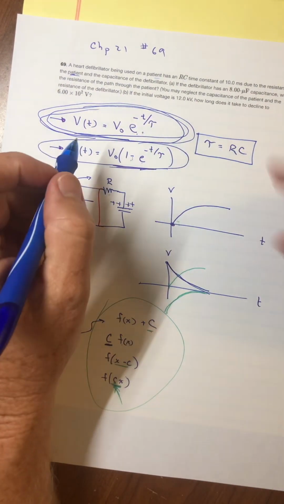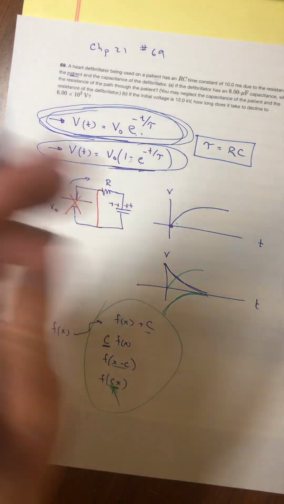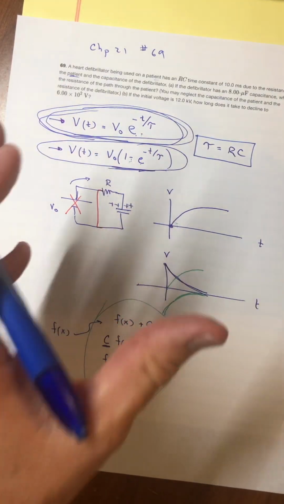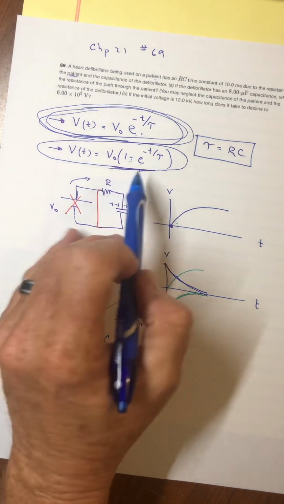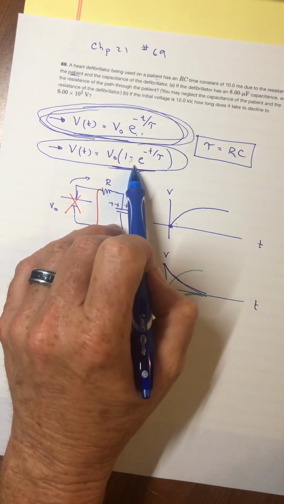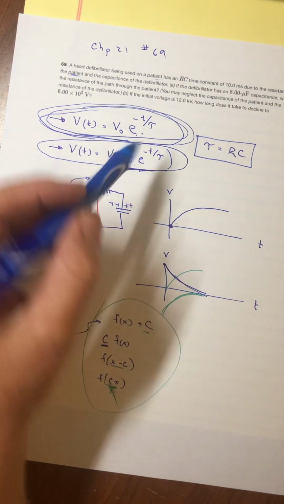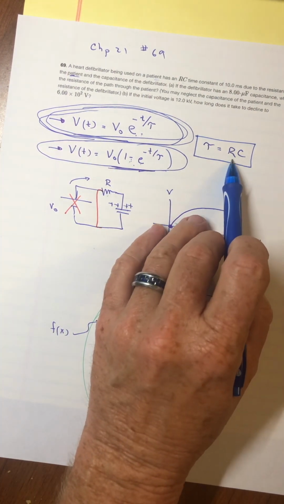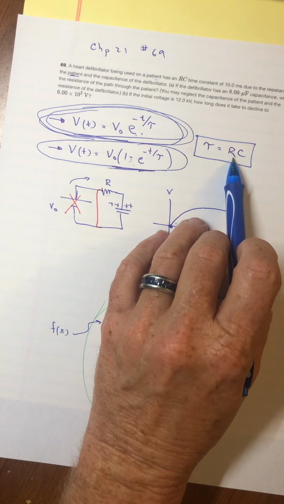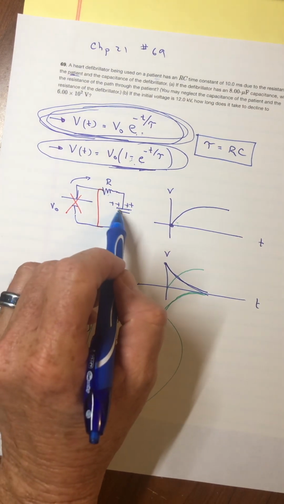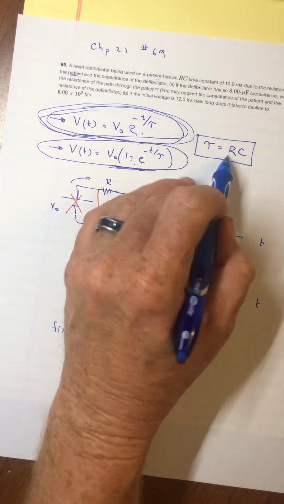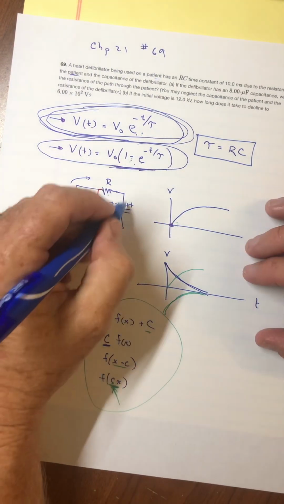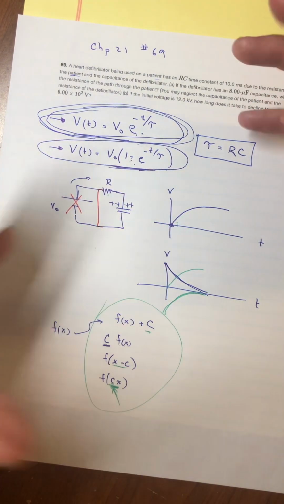Whereas if this question was talking about the capacitor being charged in the machine before we take the paddles and zap the person, we would use this equation. Now, the good news is the time constant has the same formula. It's a different R. Because like I said, this would be the R in the machine charging it up, and then on discharge, this would be the R of the patient as it is discharging through the human tissue.